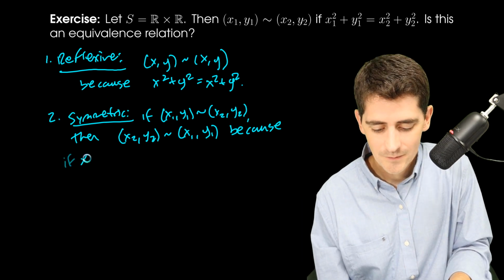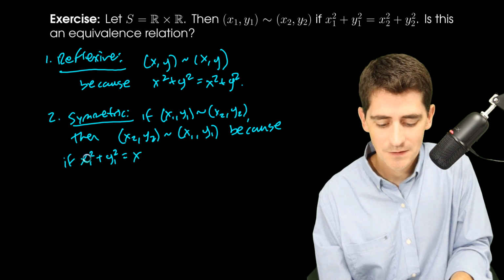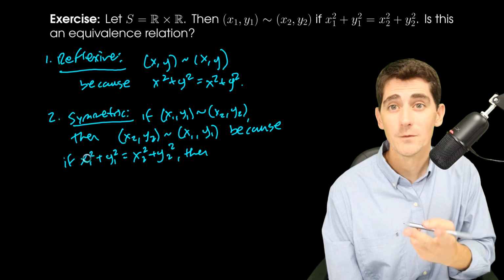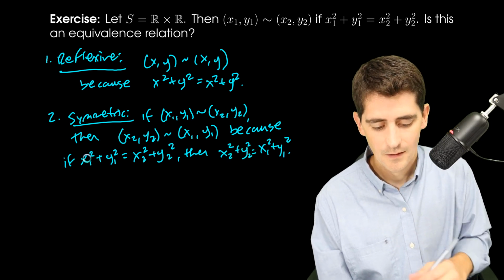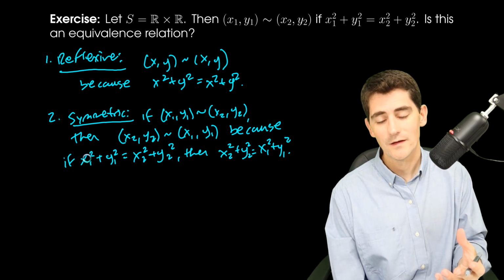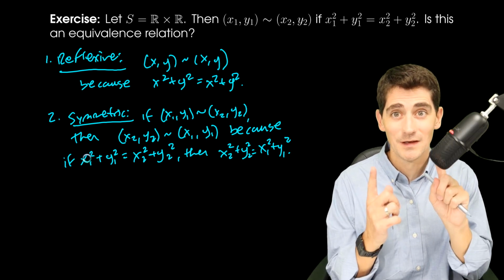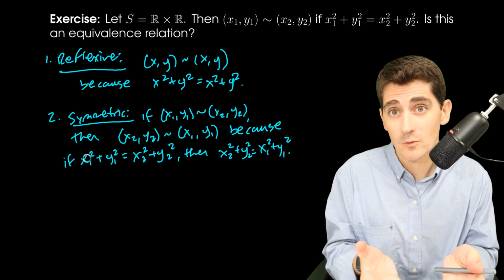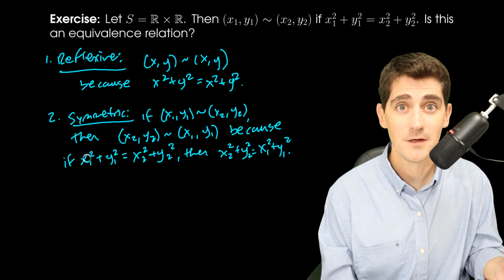If x1 squared plus y1 squared equals x2 squared plus y2 squared, then of course we can flip that around to get the other direction. So I get x2 squared plus y2 squared is the same as x1 squared plus y1 squared. All I did was rewrite it and flip it, and I can do that because I'm using the normal sense of equals that we know is symmetric. We've been doing that for years now.